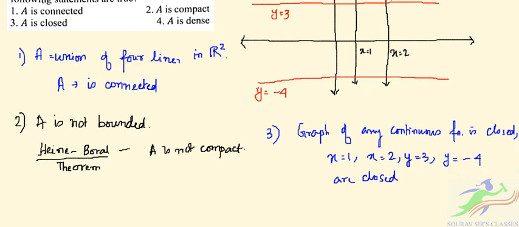So the union, A, is also closed, since we know that a finite union of closed sets is closed. So A is closed in our case. Option 3 is a correct option.